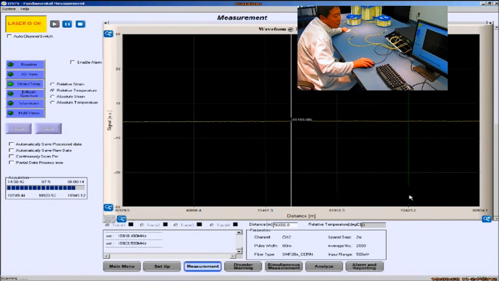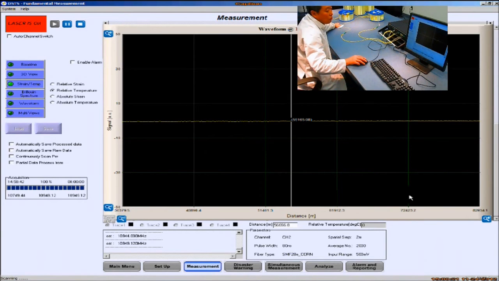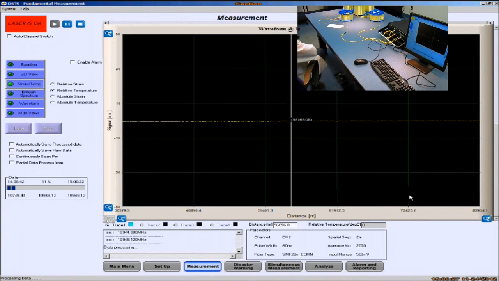We're about 87% of the way through. 97. It's now starting the analysis. Okay, so it's no longer recording data, so we don't have to heat the fiber anymore. And again, it's taking about the same amount of time to do the calculation.